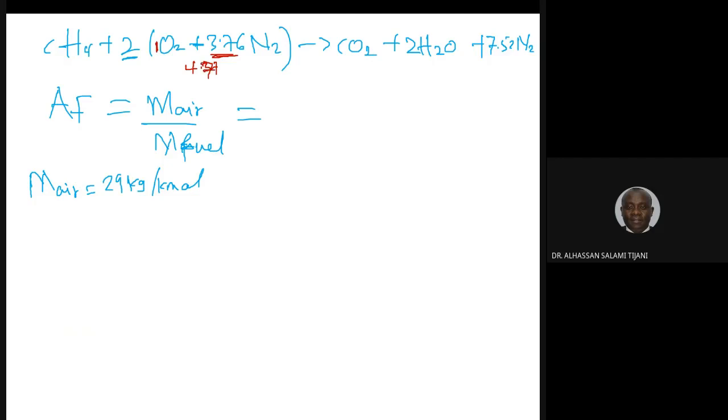I'm very sorry, 4.76. So if you add this 1 plus 3.76, this gives us 4.76. So this 4.76 is the total moles of the air per mole of oxygen.